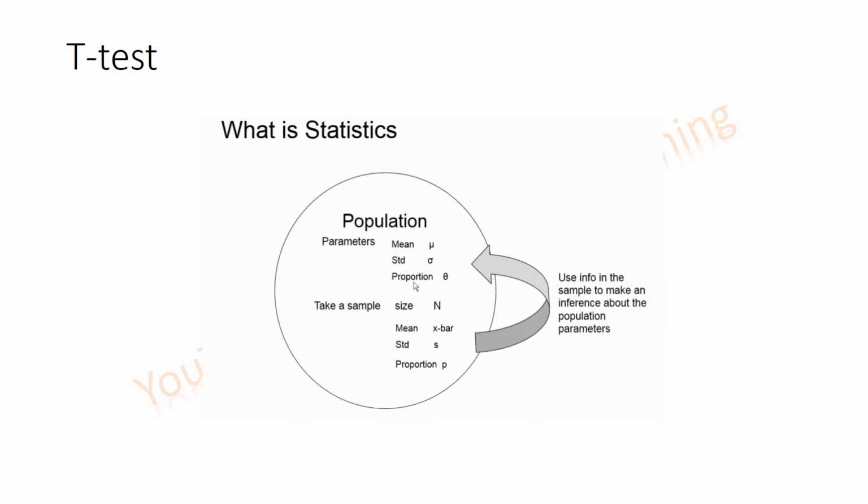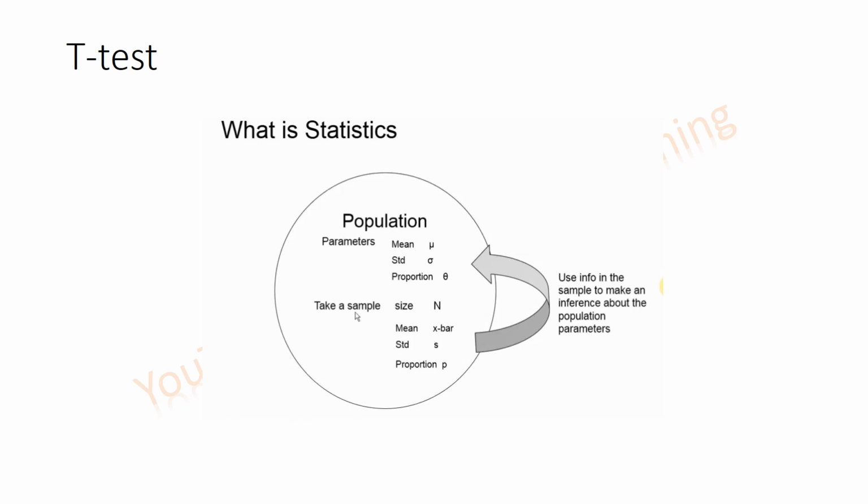For some reason, it's impossible or too expensive to get everything. You're going to measure tens of thousands of loans, or you have to measure everything. It's just impossible, too expensive, takes too long. Then we apply what we call a sample.